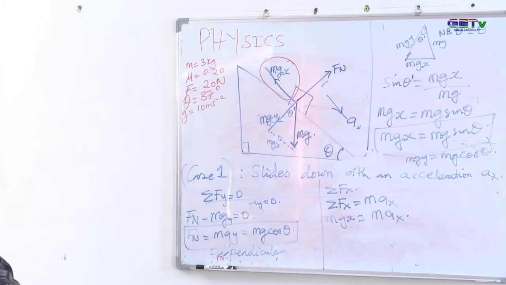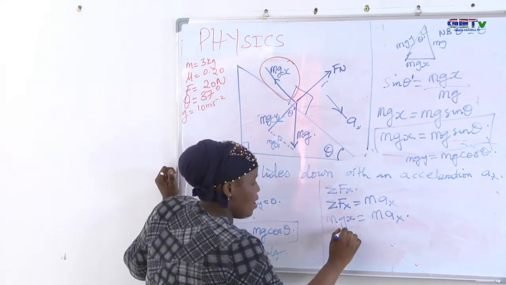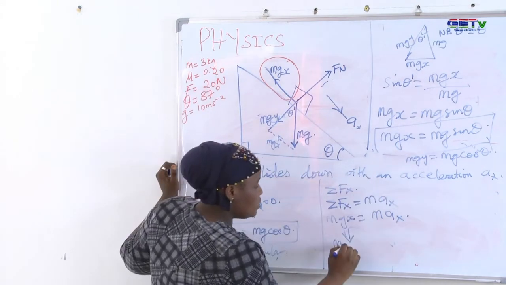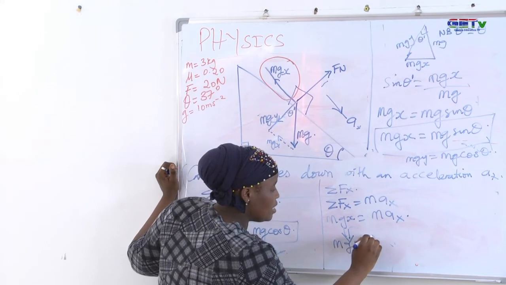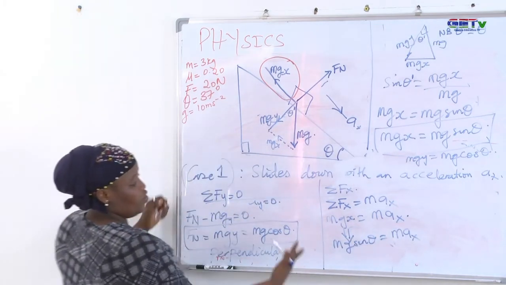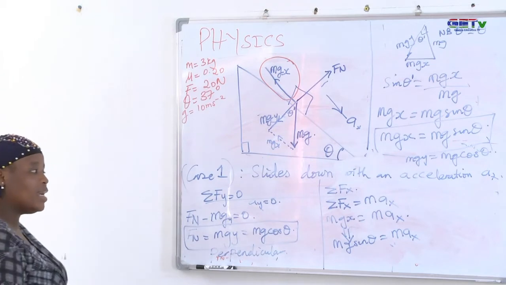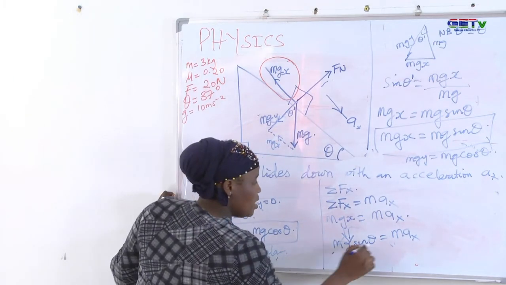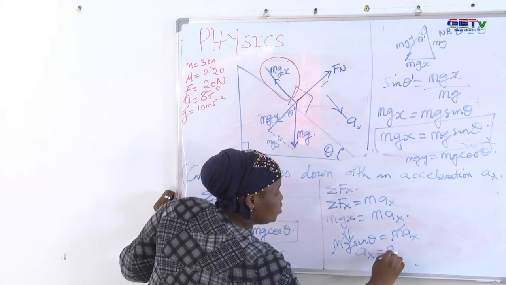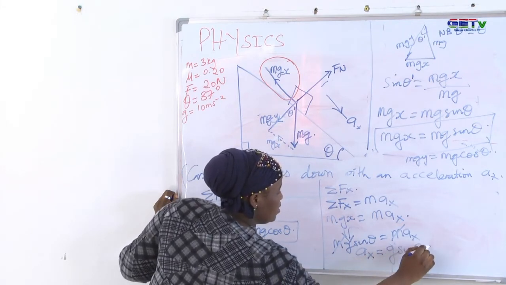And then mg of x is given as mg sine theta, which is equivalent to ma of x. If you notice, the masses are the same, so we can cancel them out, and that gives us ax is given as g sine theta.